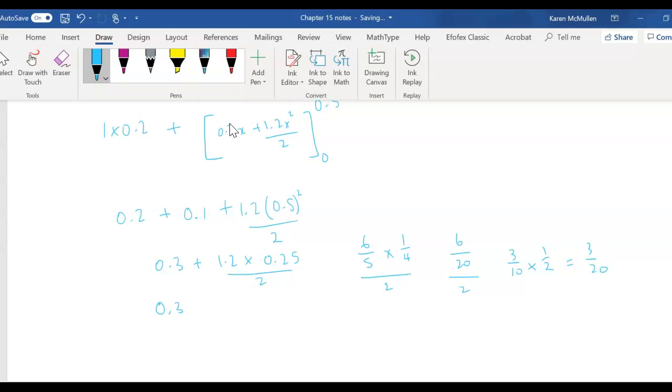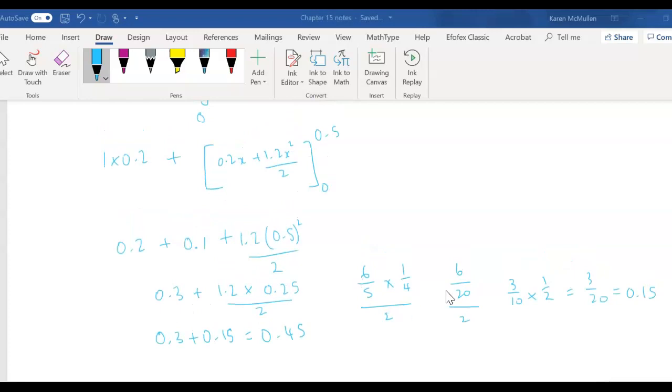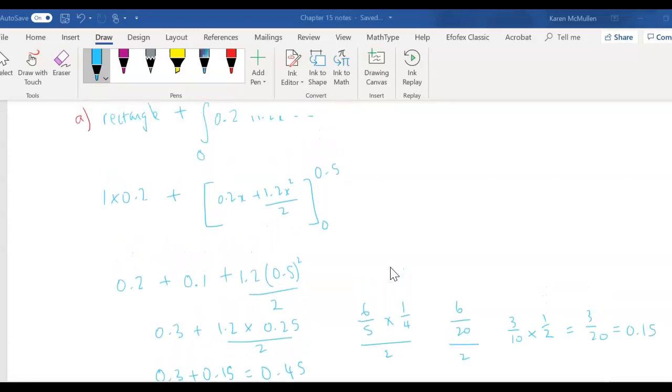And 3 over 20 is the same as 0.15. All right, so that question is a good test of decimals, but if you can easily convert into fractions, I just find fractions so much easier than decimals.